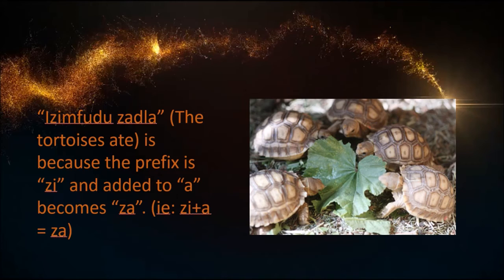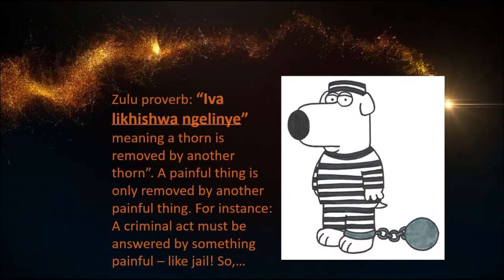I usually try to end the lesson with some proverb or idiom. Here's quite a famous one. Iva likishwa gelinye, which literally means a thorn is removed by another thorn. Which could be explained like this. A painful thing is only removed by another painful thing.